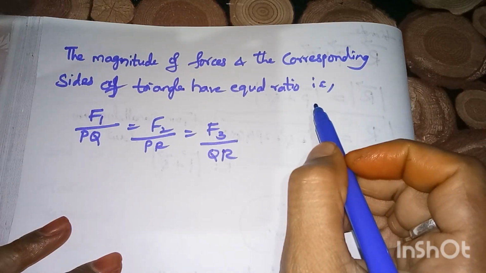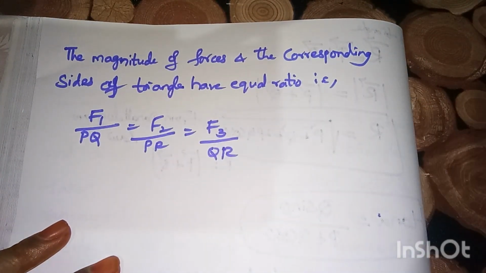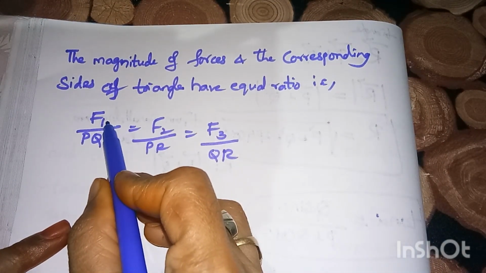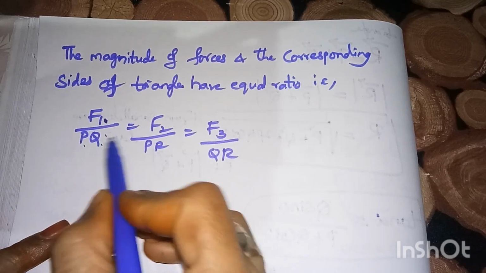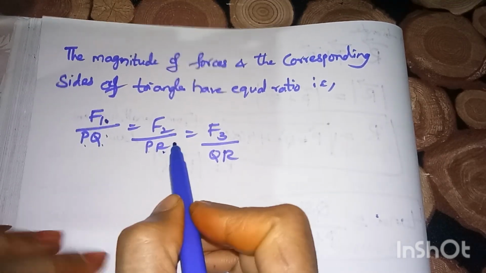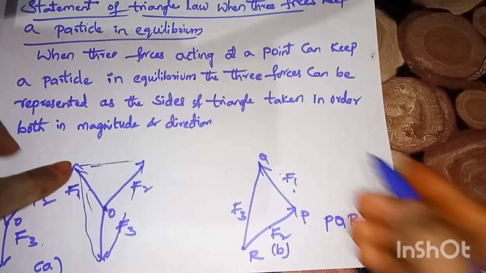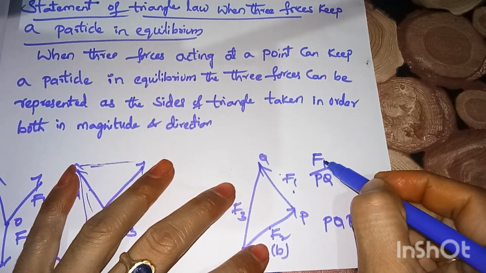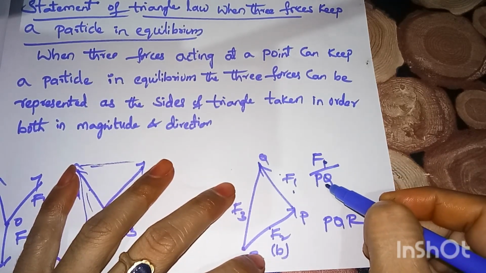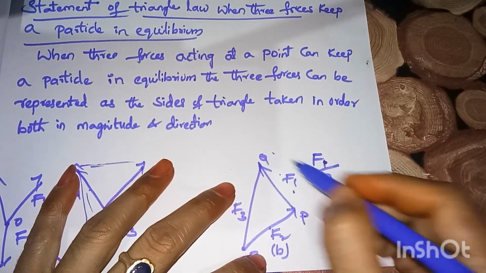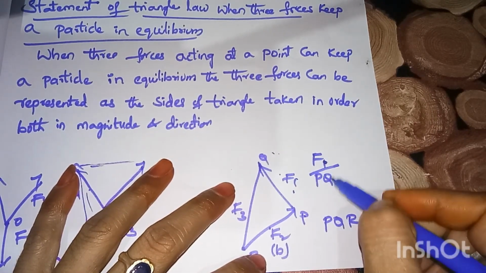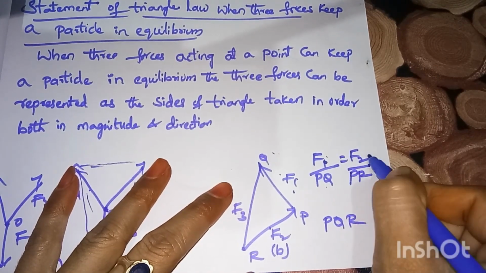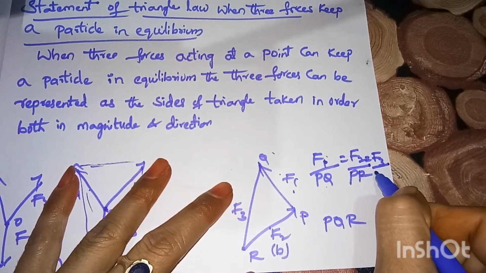So F1 by side PQ is equal to F2 by PR, which equals F3 by QR.